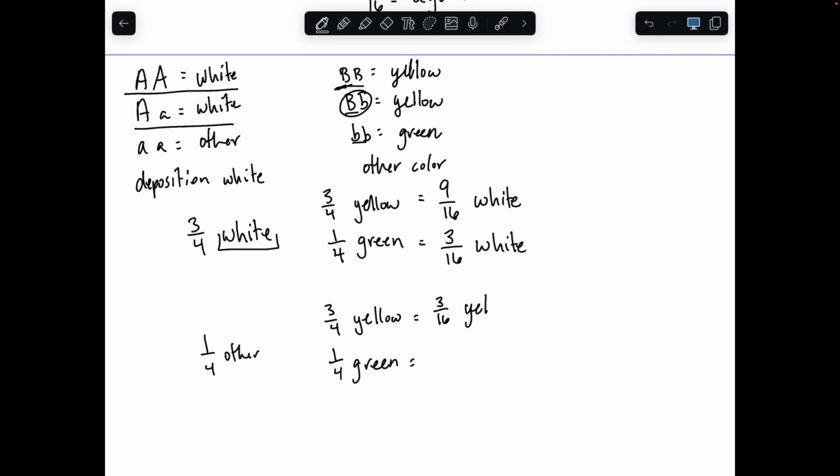So these are going to be yellow. And 1/4 times 1/4 is 1/16 can be green. So again, we have to combine these because they're the same phenotype.